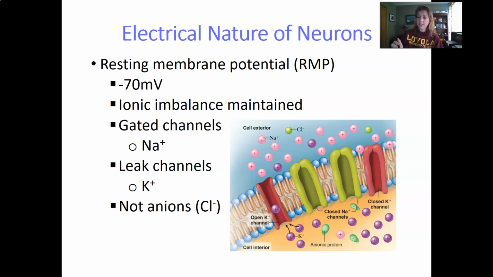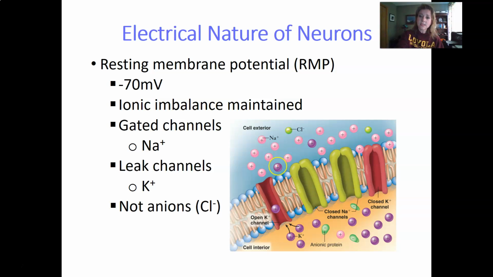The other thing to notice about this picture is that our purple potassium ions are found mostly on the inside of the cell. And you'll see that we have a closed potassium channel, so that's a gated channel. But we do have some leak channels here that are embedded within the cell membrane. Leak channels are going to allow a limited number of potassium ions to constantly flow out of the cell.